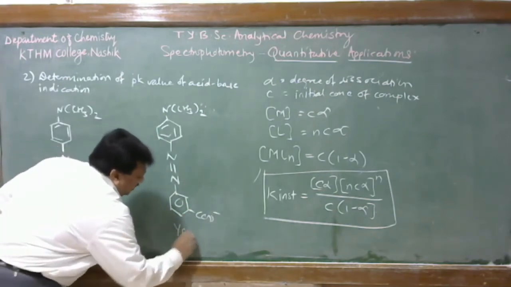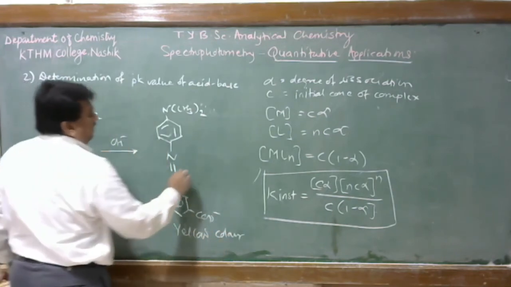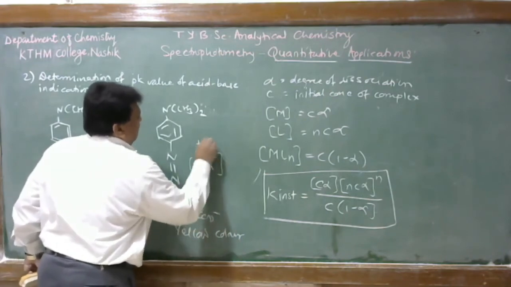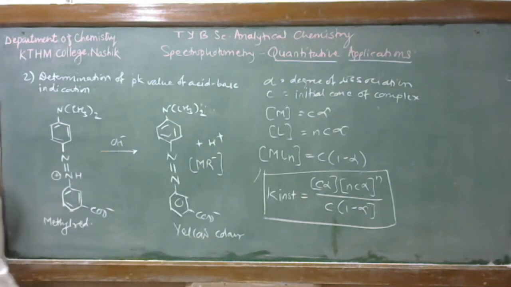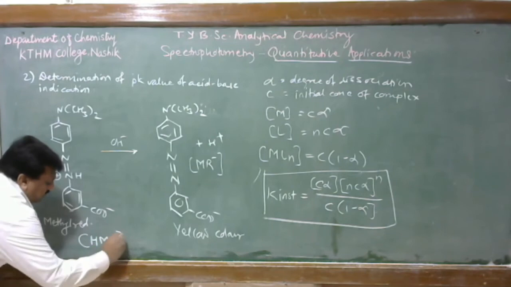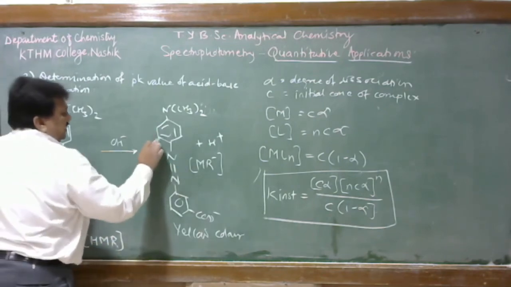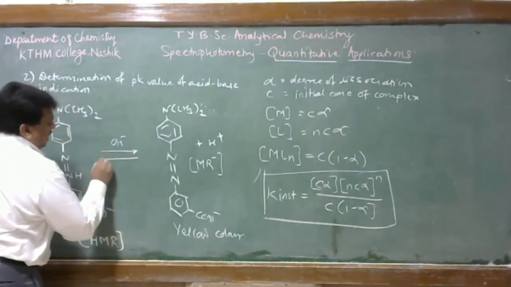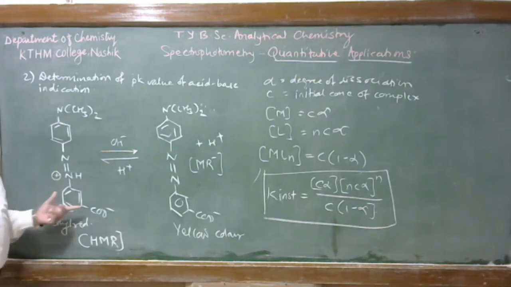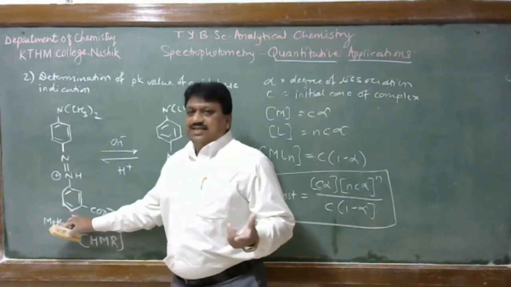This dissociated form has a yellow color, and this yellow form is represented as Mr minus, because H plus ion is given off in the ionization reaction, and HMr is the molecular form with H plus ion. Therefore, in presence of base it gives a structure like this, and in presence of acid it gives a structure like this. So the molecular form of methyl red is maintained in the acid medium.